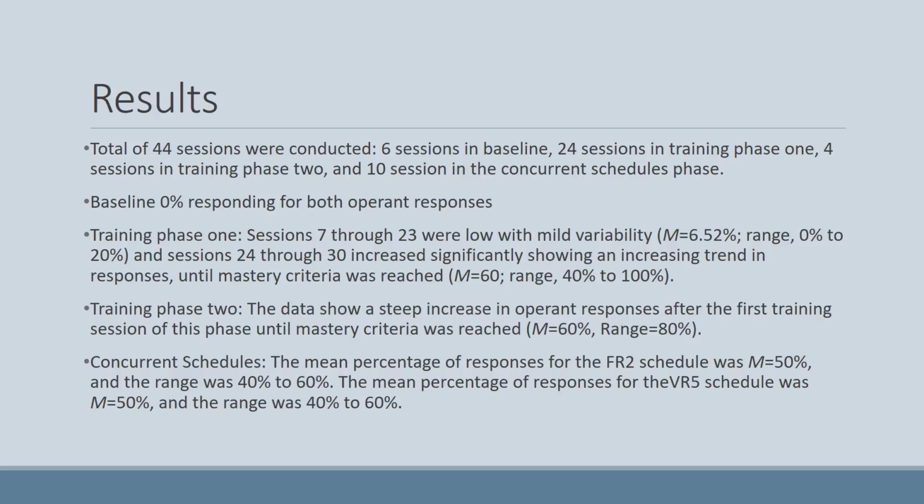During the concurrent schedules phase, the median percentage of responses for the FR2 schedule, which was the small hoop, was a mean of 50%, and the range was 40 to 60%. The median percentage of responses for the VR5 schedule, the large hoop, was a mean of 50%, and the range was 40 to 60%.